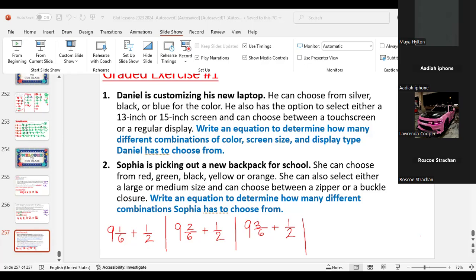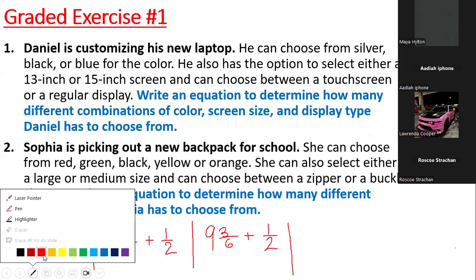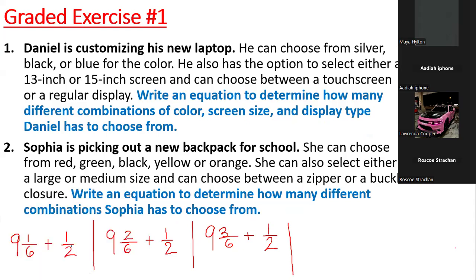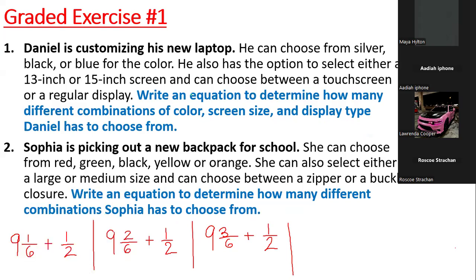All right, let's go ahead and answer these questions. Are we done with question number 1? Let me know if y'all finished with question number 1. Let me know, please. I'm finished now. Okay. For question number 1, Adaya, where's Adaya?